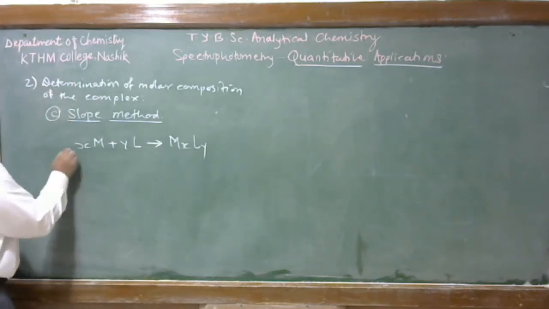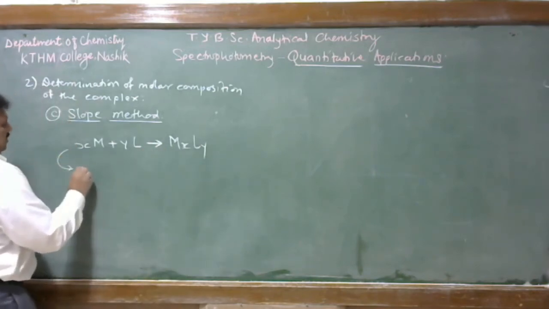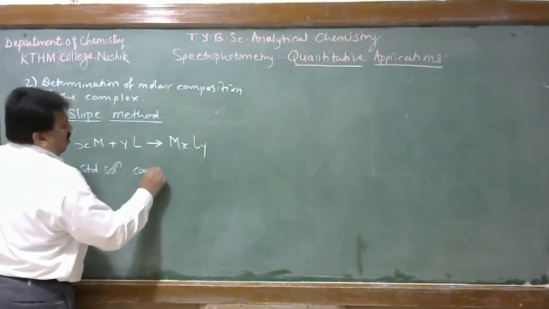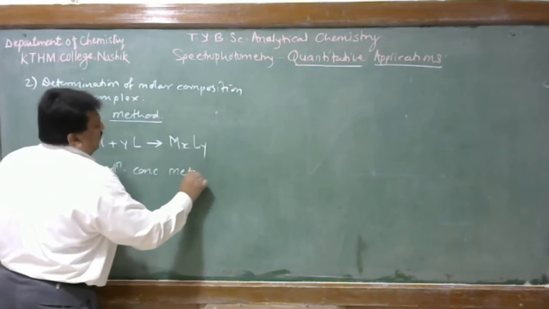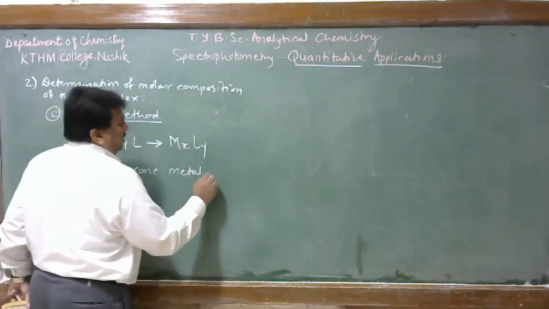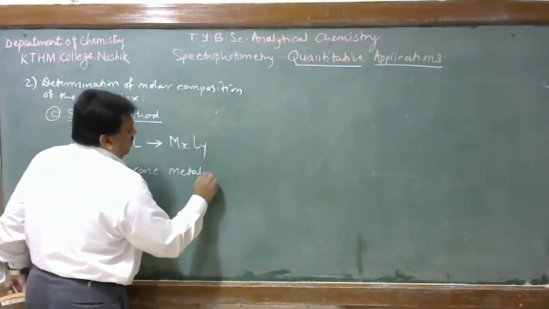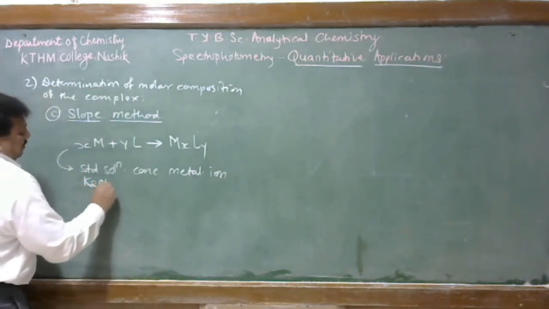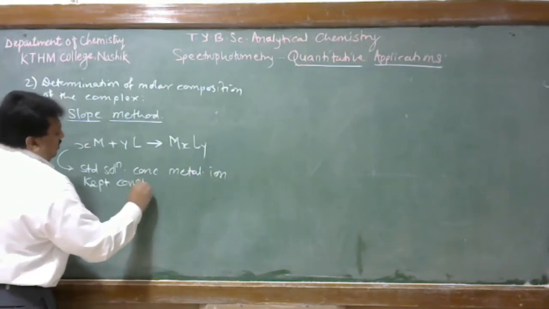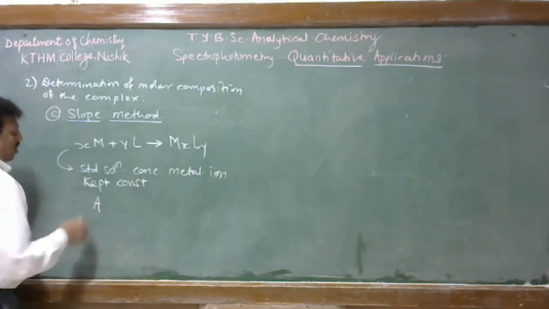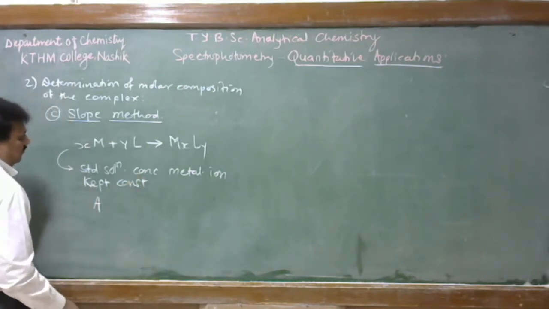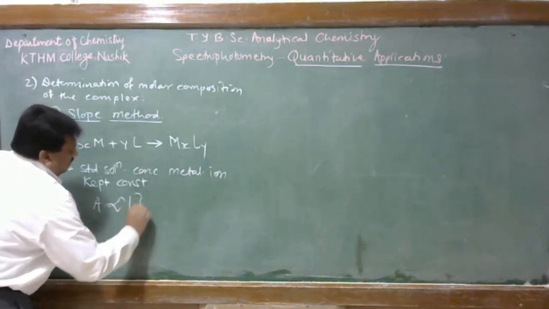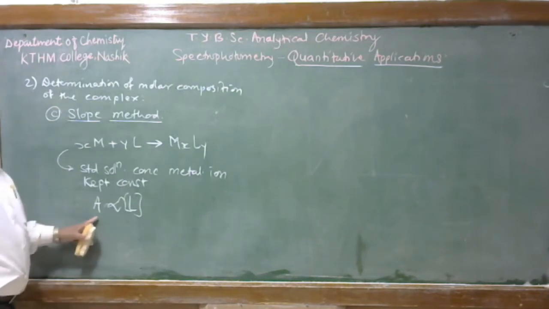Therefore here we have to prepare standard solutions in which the concentration of metal ion is kept constant, and then whatever absorbance is observed is related to the concentration of ligand, because here the ligand concentration is changed.